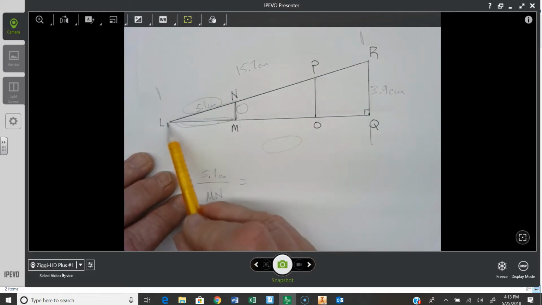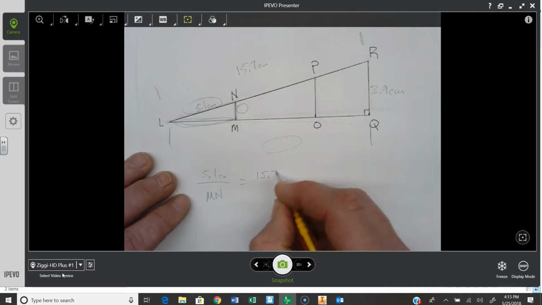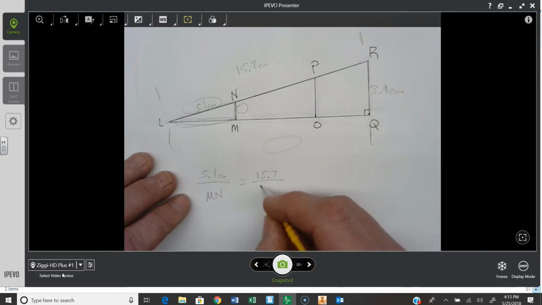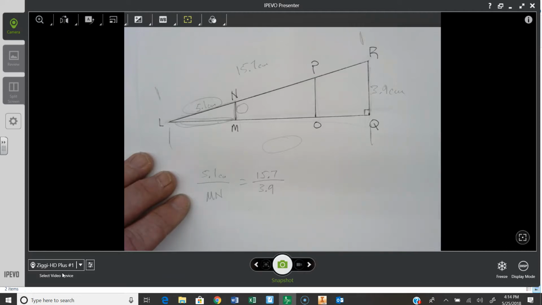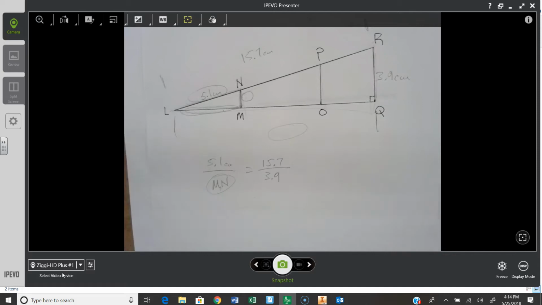Let's set up the same ratio for the big triangle. Its hypotenuse, 15.7, compared to its little side, 3.9. And then the only thing I don't know is the missing side, mn. Now when we solve this, called a proportion, we solve it, we cross multiply. It's one way to do it.